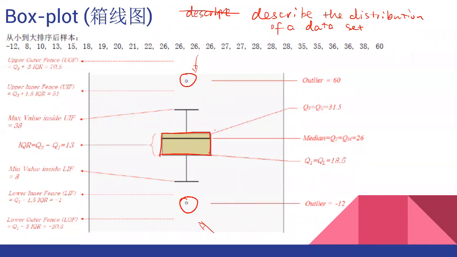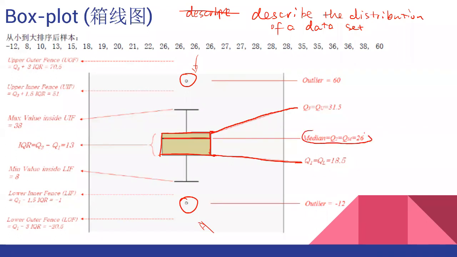The upper edge of the box is Q3, and the lower edge of the box is Q1, and there is a line in the box. This line is Q2, or the median.